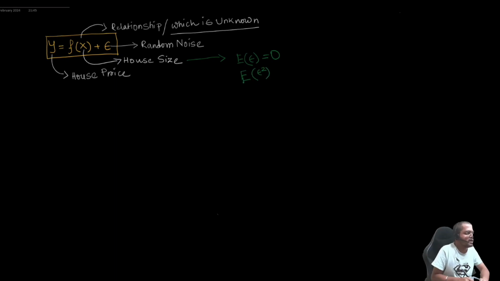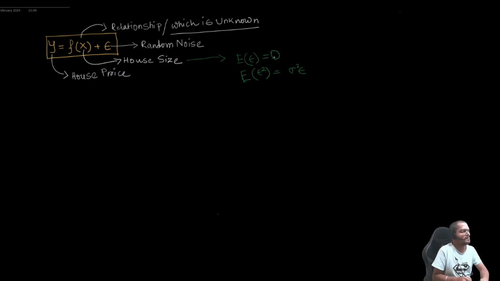Suppose you have the variance, and the mean is 0. Try to remember these two properties, because going forward we'll use them. This is written like this: E of epsilon squared. So now let's go and try to understand the later parts.